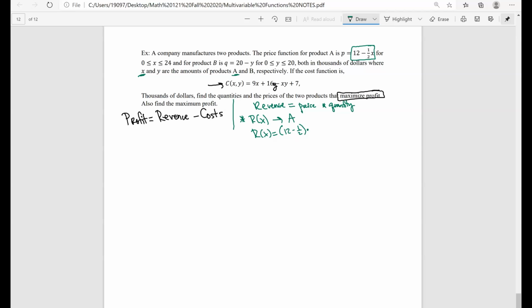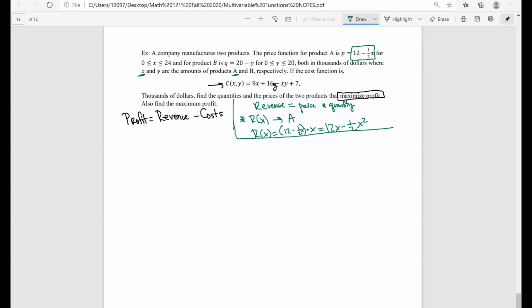Well, we don't know how much of this we're selling, that's what we want to find, so we multiply by x. So this is going to be 12x minus 1/2 x squared. That's my revenue for product A.